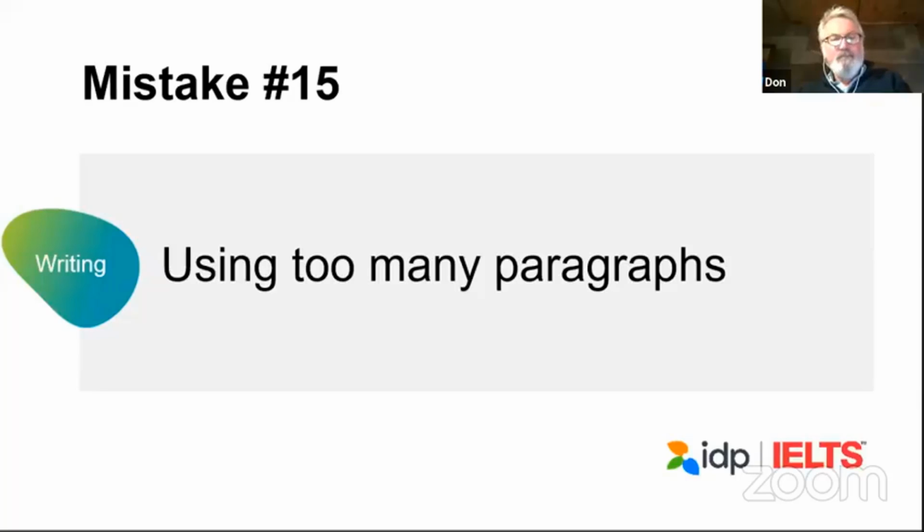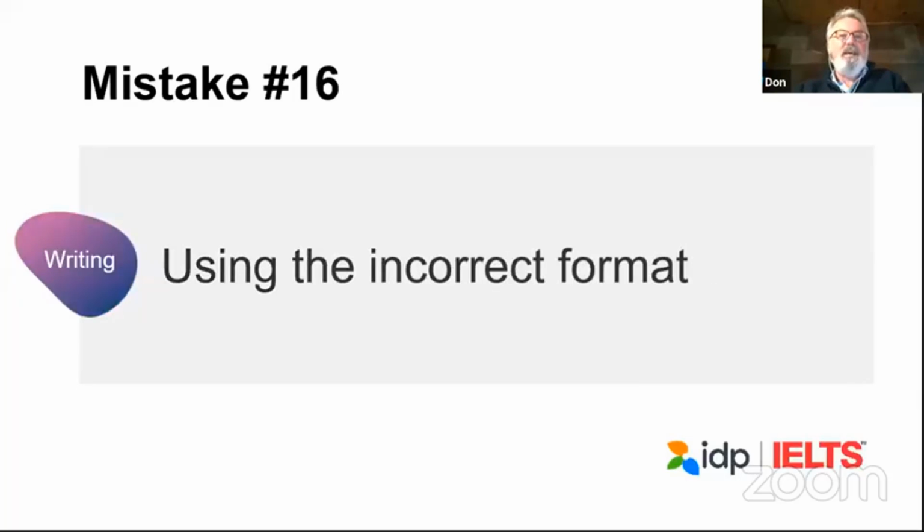Okay. The next mistake that some people make is using the incorrect format in writing. And really, I've just talked about that. Format is different to what I was talking about in terms of paragraphing. Format is those things I just mentioned about bullet points, numbered lists, subheadings.